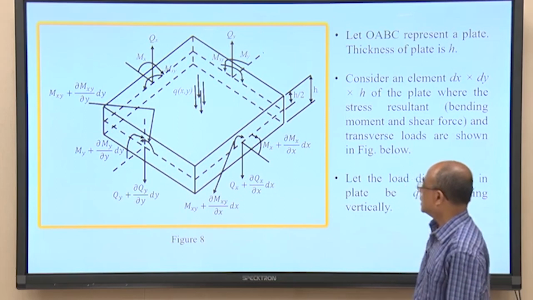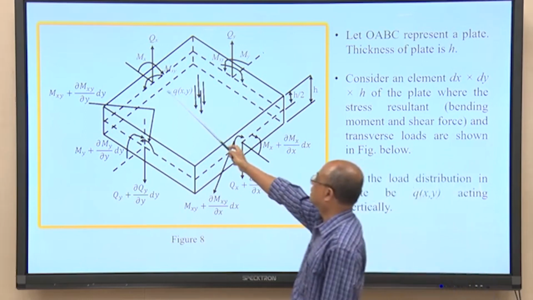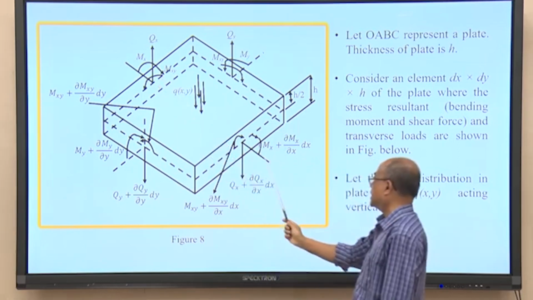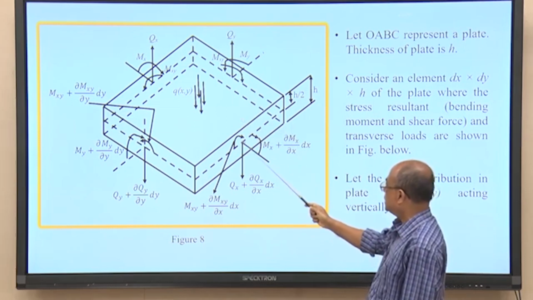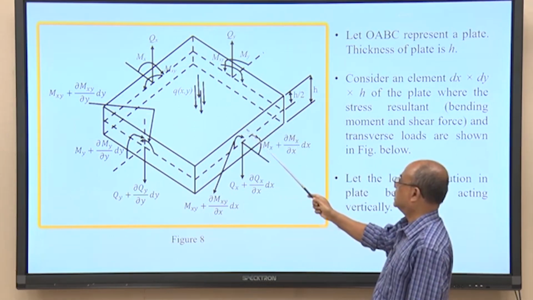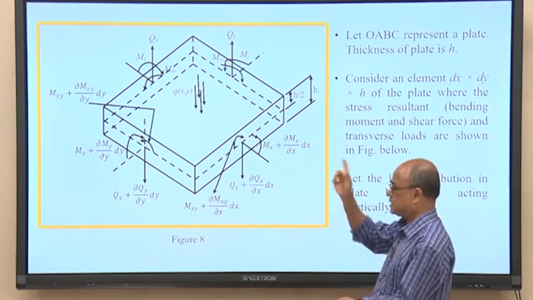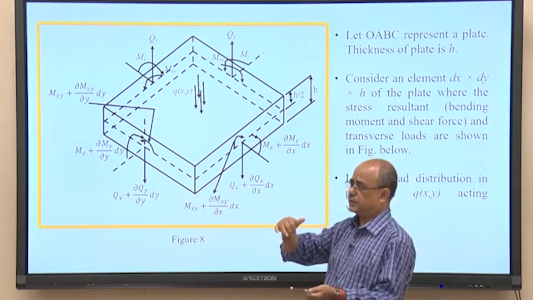Now, here you can see that on this side the moment is mx, and on the opposite side the moment about the x axis... Actually, the moment along the x axis is mx, but mx is the moment about the y axis.